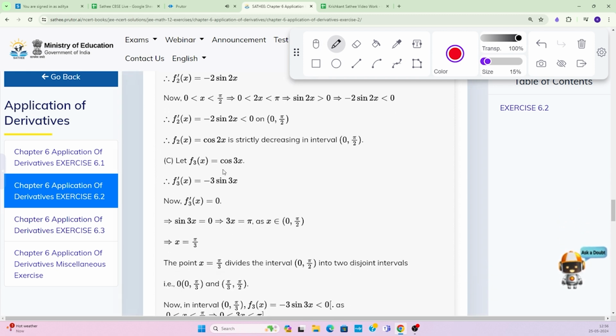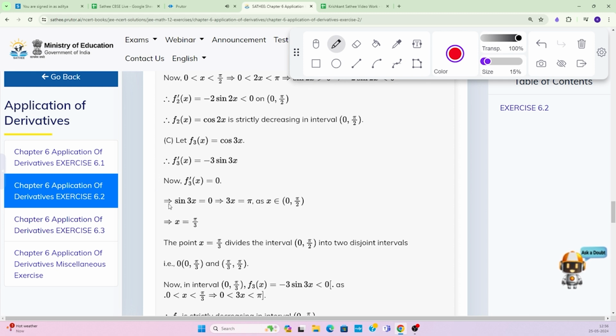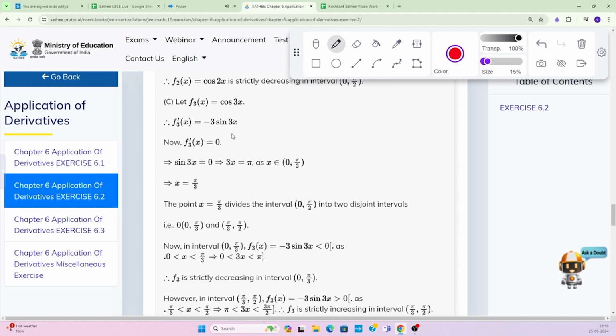Okay. Now what about c? C is cos 3x, so the derivative is minus 3 sine 3x. Now x belongs to 0 to pi by 2. This means what will happen? You all know.